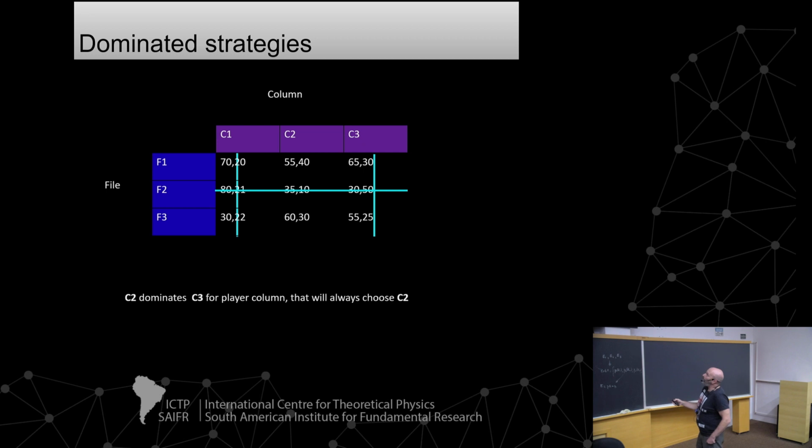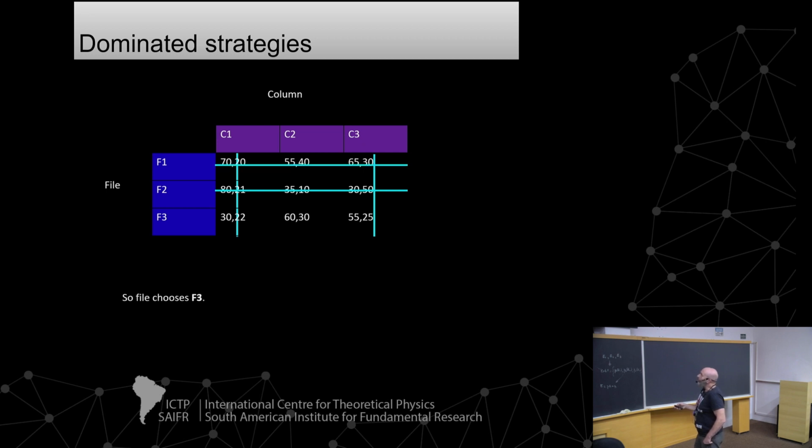So we can now eliminate the possibility of choosing strategy C3. So we know that the player at the column will choose strategy C2. And if the player at the column will choose strategy C2, finally the player at the file will choose strategy F3 because F3 has a higher payoff than strategy F1.